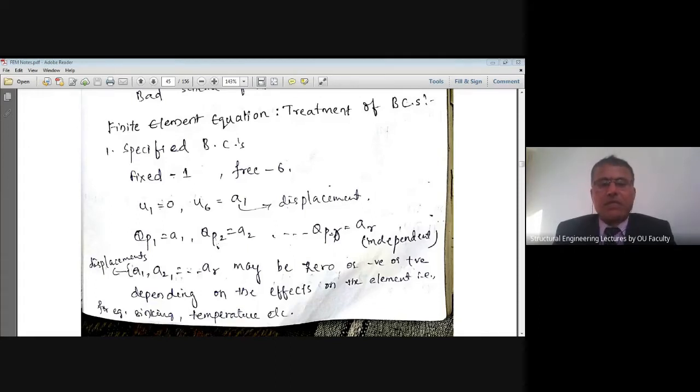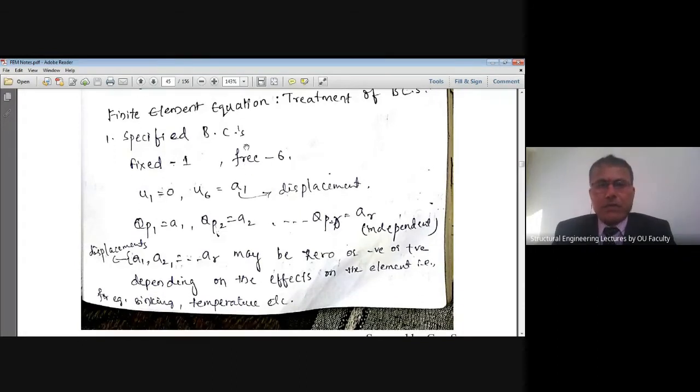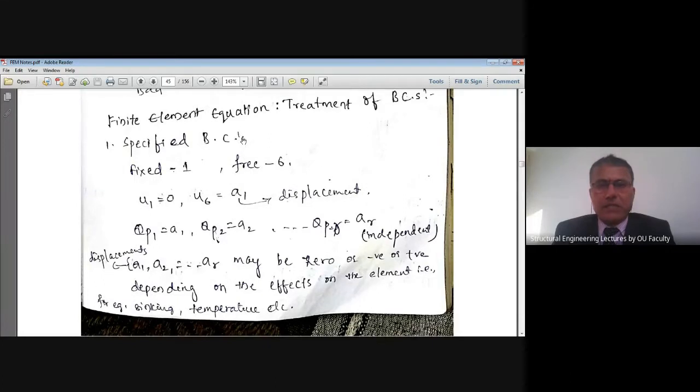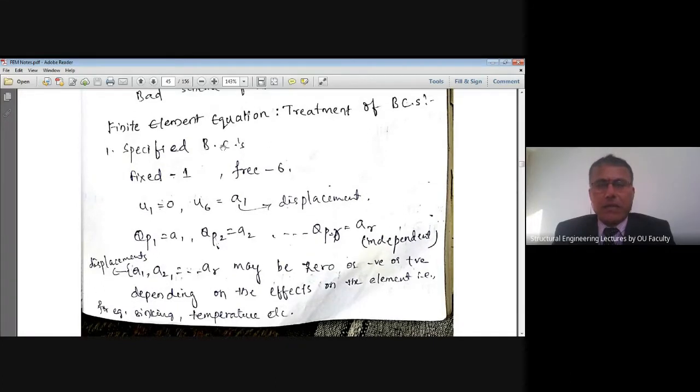In today's discussions, we shall see the treatment of boundary conditions in this third video. This is how the boundaries need to be taken care of in the equilibrium. Therefore, there is what is called treatment of boundary conditions.